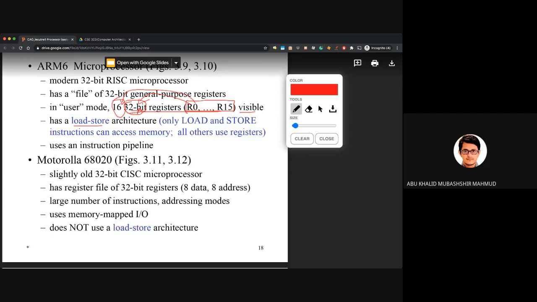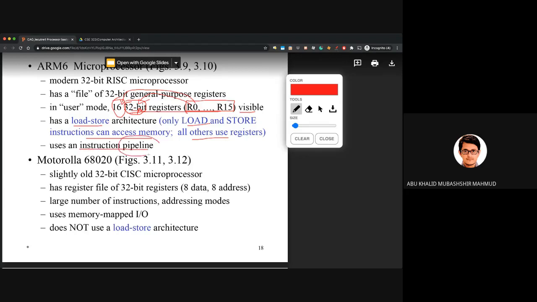Has a load store architecture. Only load and store instructions can access the memory, and all others use these registers, and uses an instruction pipeline.